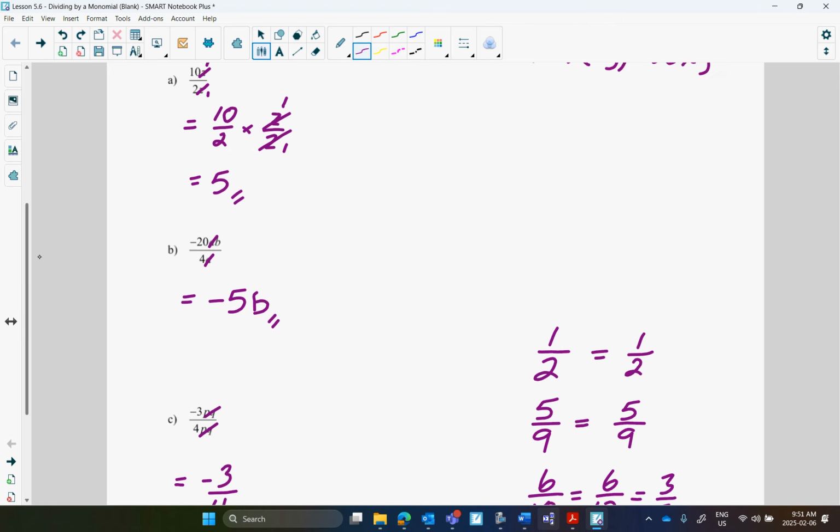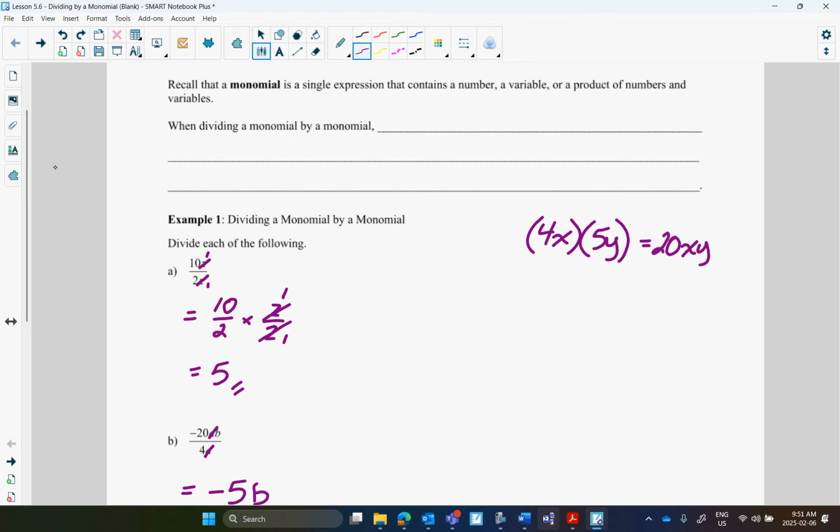So we saw when dividing a single term by a single term, or a monomial by a monomial, divide the coefficients. Those are the numbers in front. Cancel out identical variables on the top and bottom.